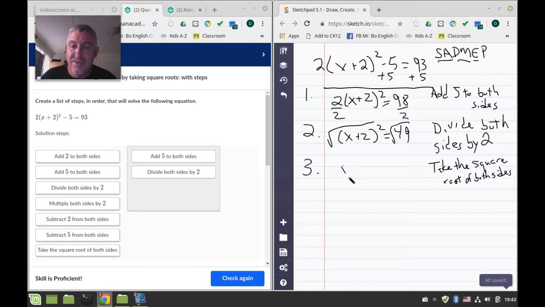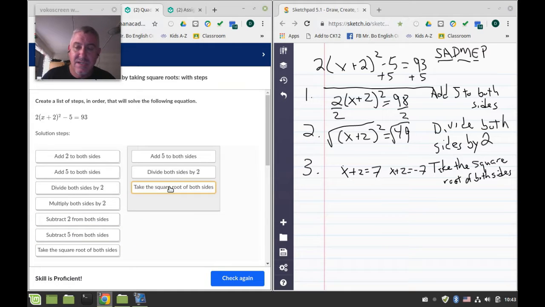So I end up with x plus 2 is equal to the positive root, which is 7, because 7 squared is 49, or x plus 2 is equal to the negative root, because negative 7 squared is also 49. So we're going to take the square root of both sides.